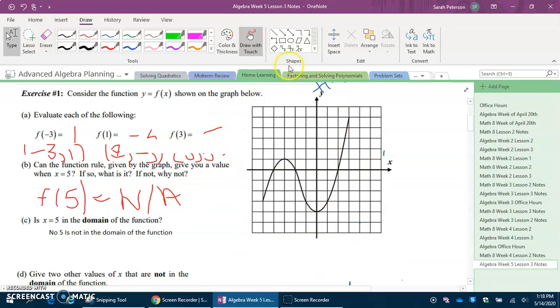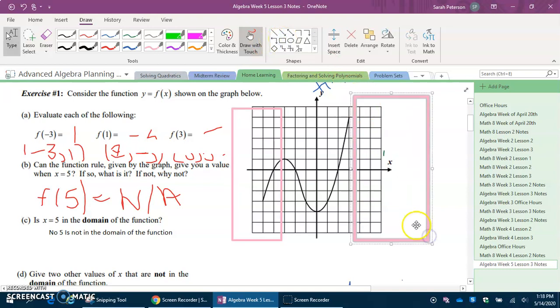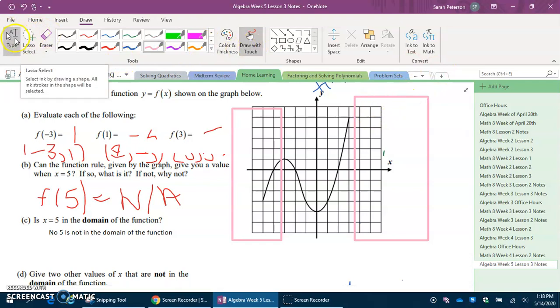So there's a couple ways we can do this. And I'm going to actually draw a rectangle here, and I'm going to draw another one here.